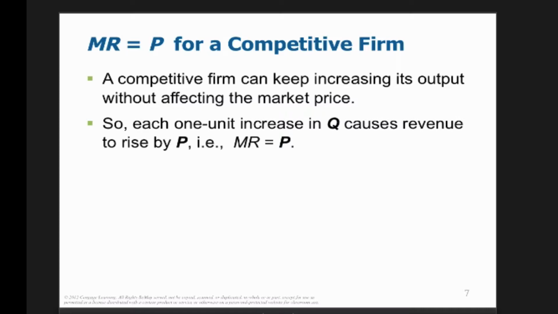So for a competitive firm, every time you increase your Q, your revenue goes up by P. So marginal revenue in a competitive firm should always equal P. I could have just told you that, but we went through the chart so that you would know why.